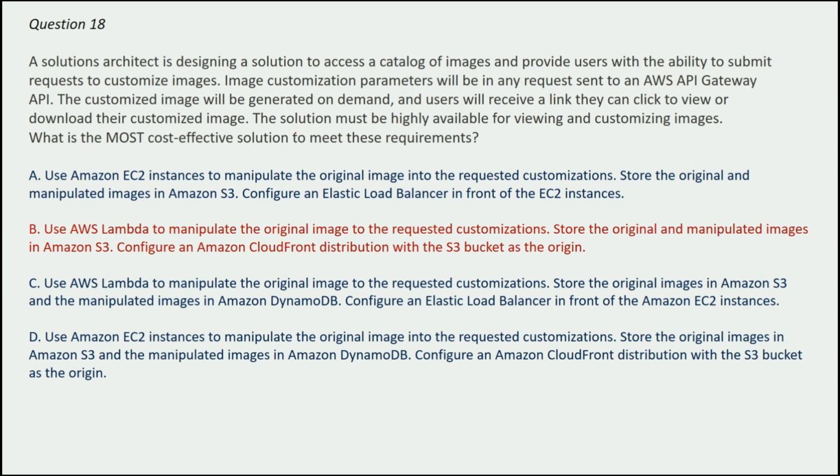After that we are using S3 to store the image, because this is a reliable and at the same time cost-effective solution for storage purposes. And second, we are using CloudFront because users will be all around the world. It will help us to cache the content and it will give a better user experience. So overall option B is the most cost-effective solution here.